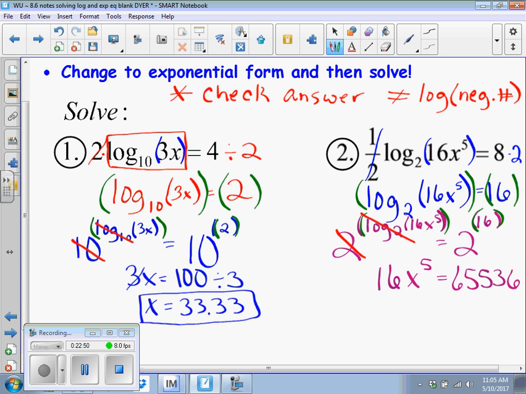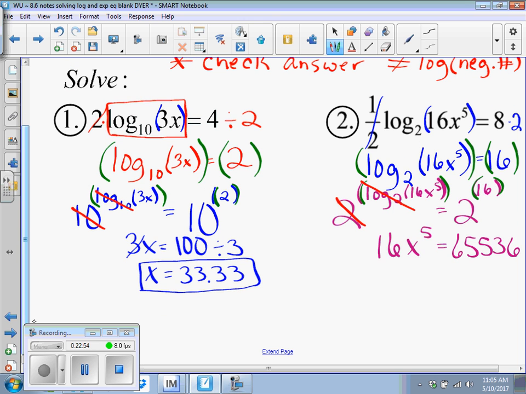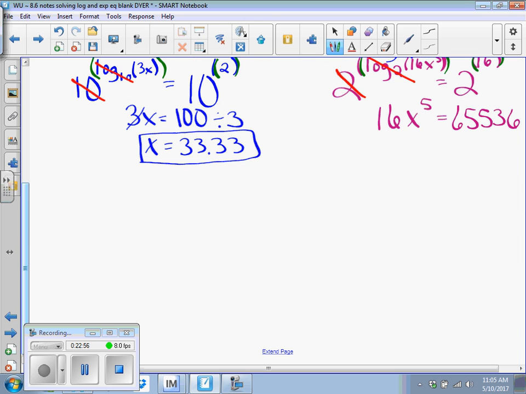What's the next step? Divide by 16. And I get x to the 5th equals 4096. What's the next step? Take the what root?